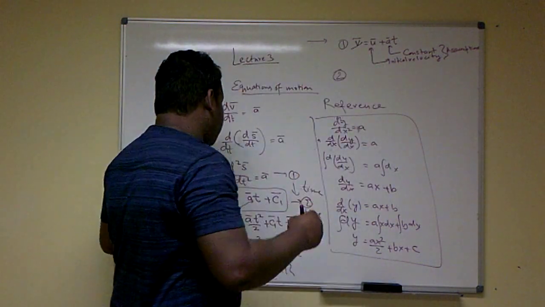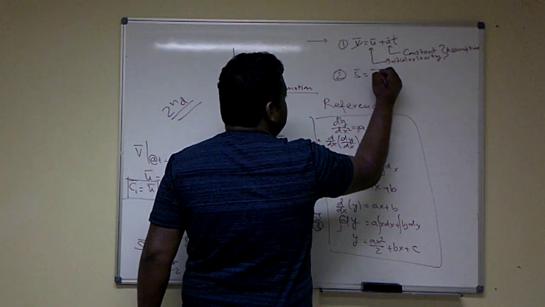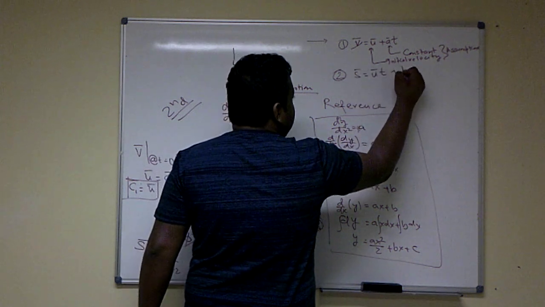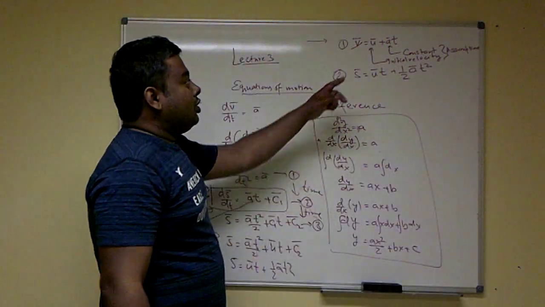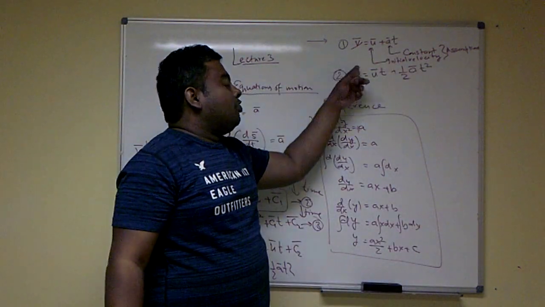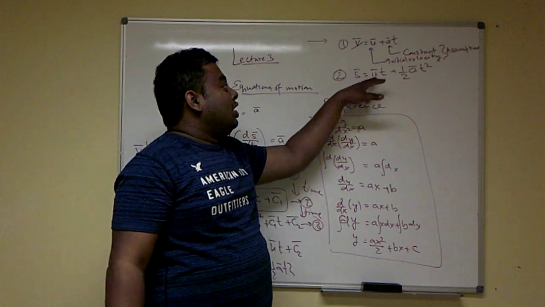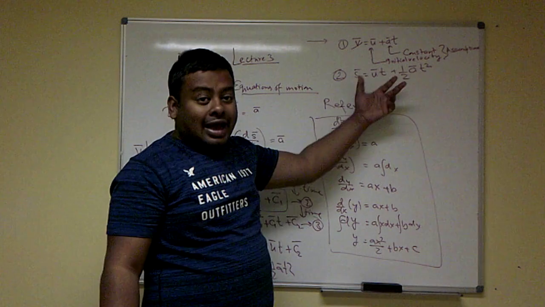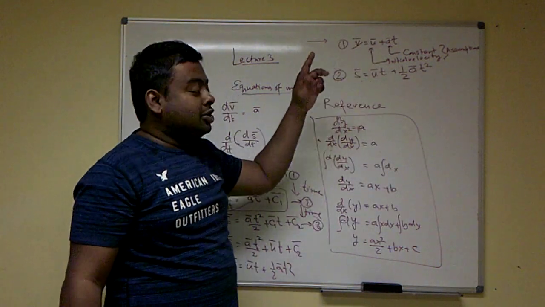And the second one, which we got over here, is s vector equals u vector times t plus half a vector times t square. Again, we can see that both the first equation of motion and the second equation of motion have the initial velocity, acceleration, and time involved in order to get the final velocity and the final position.